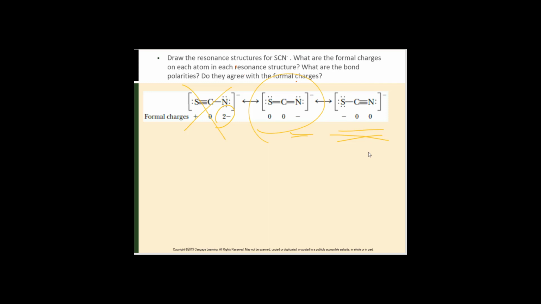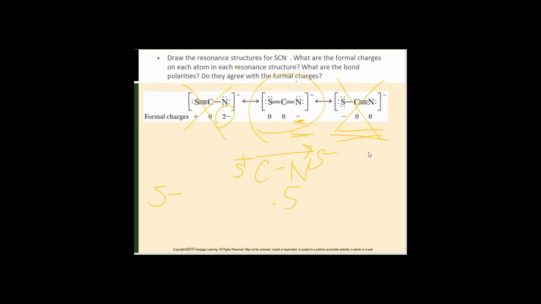So we would want to choose this middle structure since the negative formal charge is on the more electronegative atom. Then if we looked at bond polarity for our CN bond, if we subtract those 2.5 and 3.0, we get 0.5. So we can call this a polar bond, and my nitrogen is my more electronegative of the 2, so we can call carbon my slightly positive end.